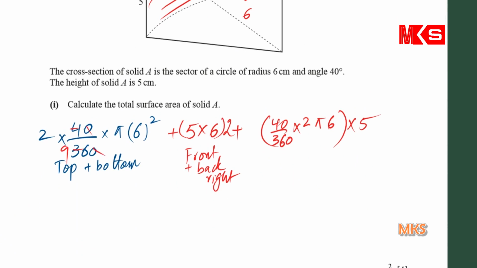2 times pi times 36 divided by 9, taking pi from the calculator, is 25.1327133, plus 6 5s are 30, 30 times 2 is 60, plus 4 times pi times 5 divided by 3, which is 20.9439, is 44.